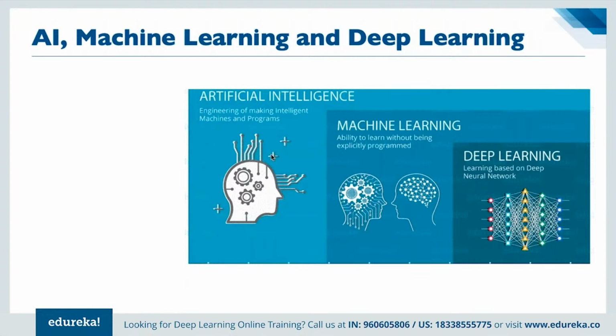Next we have machine learning. Machine learning is simply giving the system the ability to learn without being explicitly programmed, just like the example we discussed just now. It's more or less the same way that we train any particular kid. How do we train kids? We train them: what is 2 plus 2? 4. All right. What is 5 plus 5? It is 10.